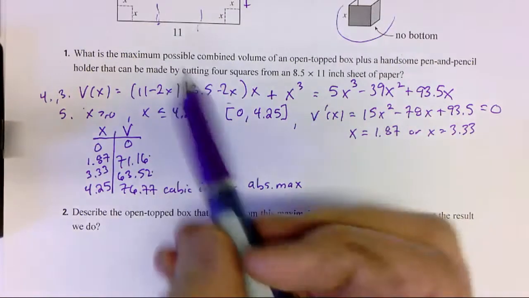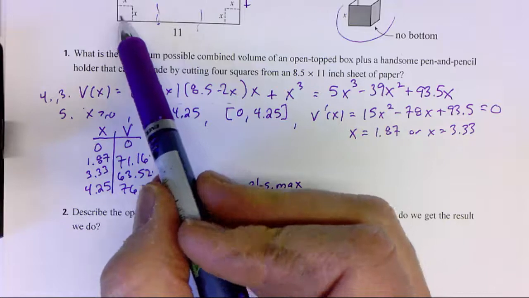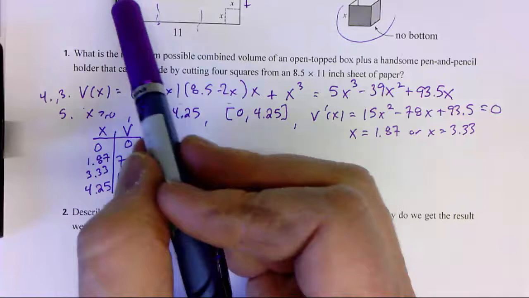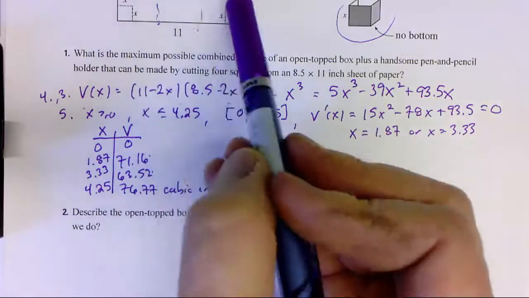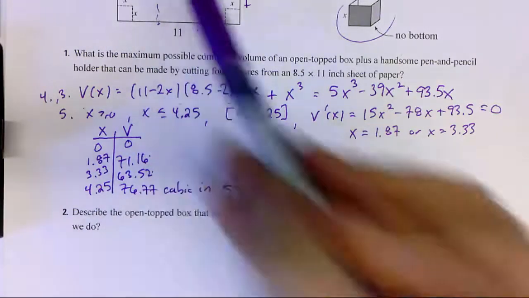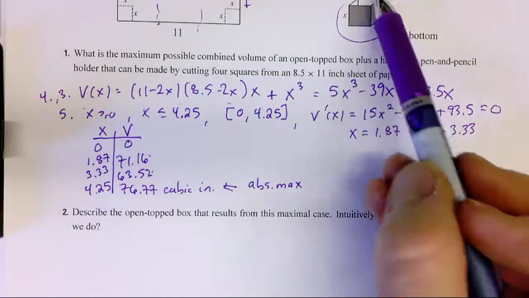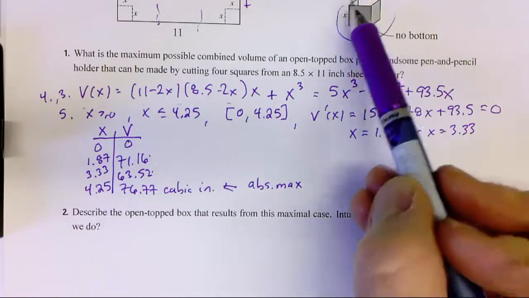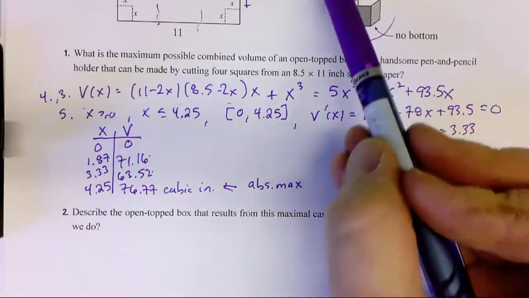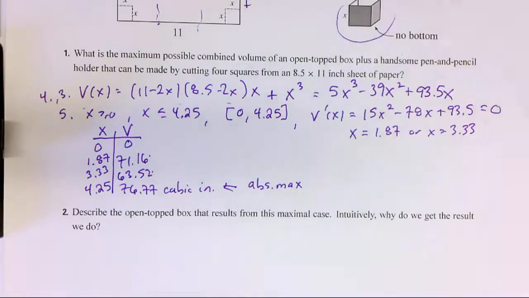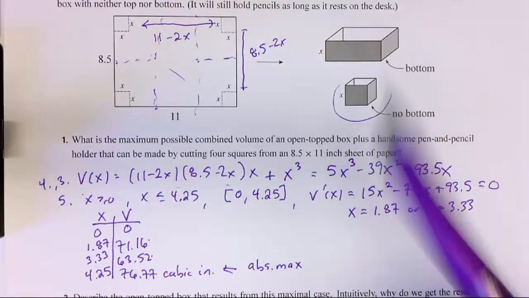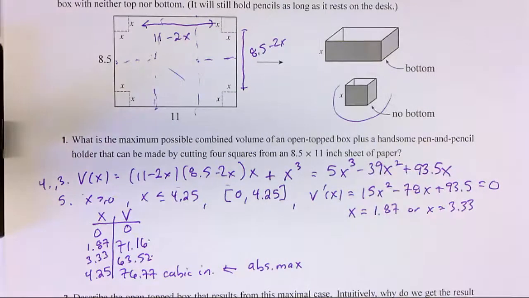That might make a little sense to you if you think, well, this sheet of paper is kind of close to a square already. So I can get some really big squares out of the corners without wasting much material. And it's more efficient to build this design because it's only got 4 sides. I can encompass more volume than if I build the tray design, because I also have to account for the bottom here, so I've got to use some of my material for that bottom.